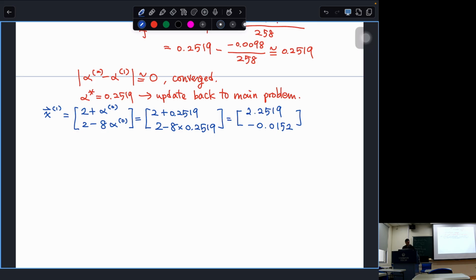Okay, so that would be the solution for the first iteration. So you are supposed to solve this. So at 2.2519.